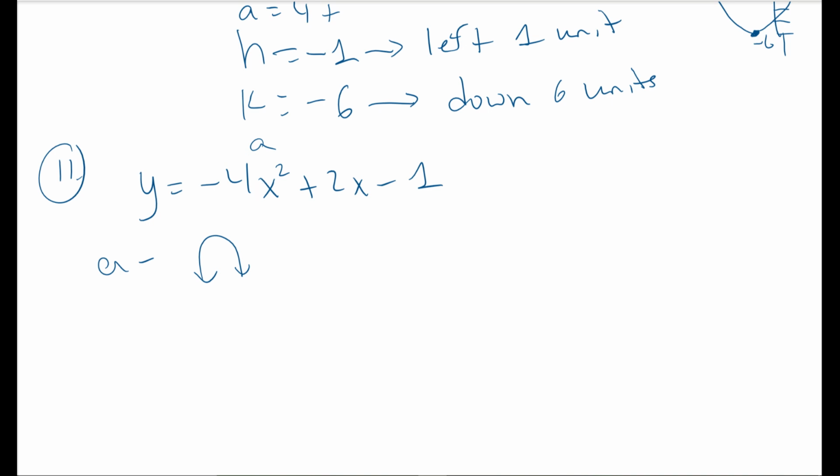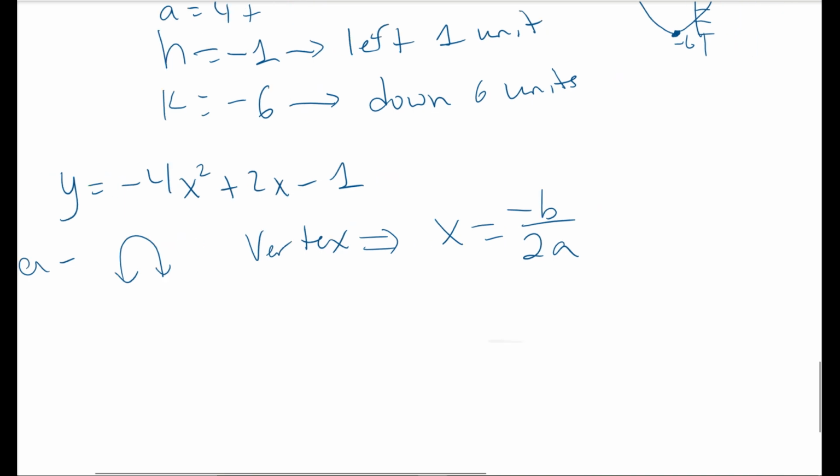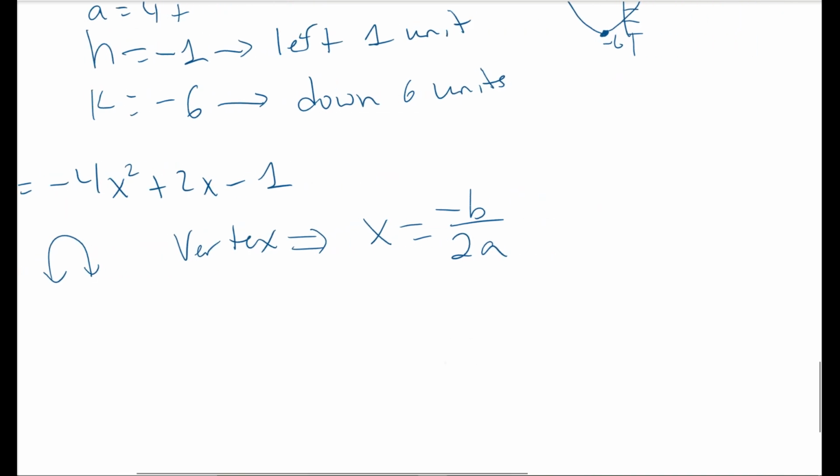So in order to do this, we're going to need to find the vertex. So let's find the vertex. So to find the x-coordinate of the vertex, we use negative b over 2a. Okay, so we use that formula to find the x-coordinate of the vertex.